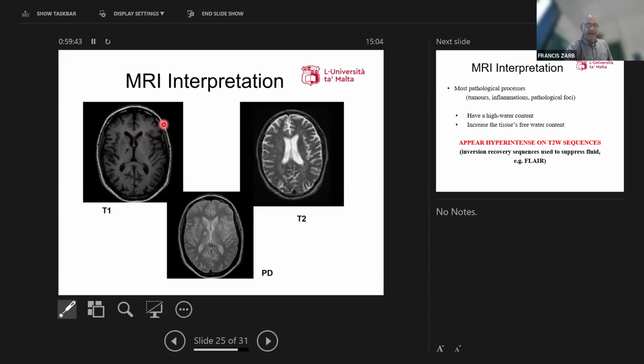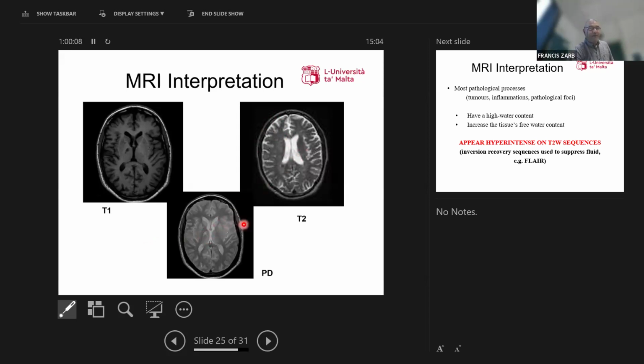The skin, fat, appears bright on T1. Let's go on T2. Fluid is bright on T2, but so is fat. Don't tell me that the bright is not the same brightness as the other, where you have more, but it's still bright. So fat is bright on both T1 and T2.